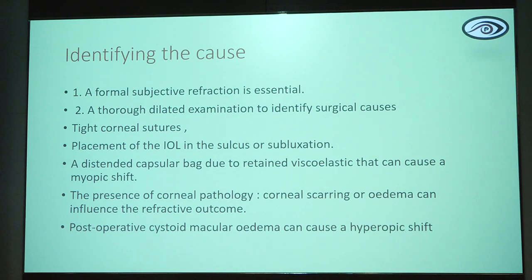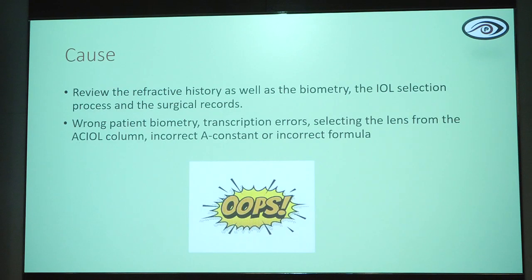Especially in a patient with a distended bag with viscoelastic behind, it normally gives a myopic shift, so you need a very good slit lamp examination afterwards. Later on, if the patient has a hyperopic shift, always keep in mind that the patient may have post-operative cystoid macular edema. At that time you may have to do OCTs.